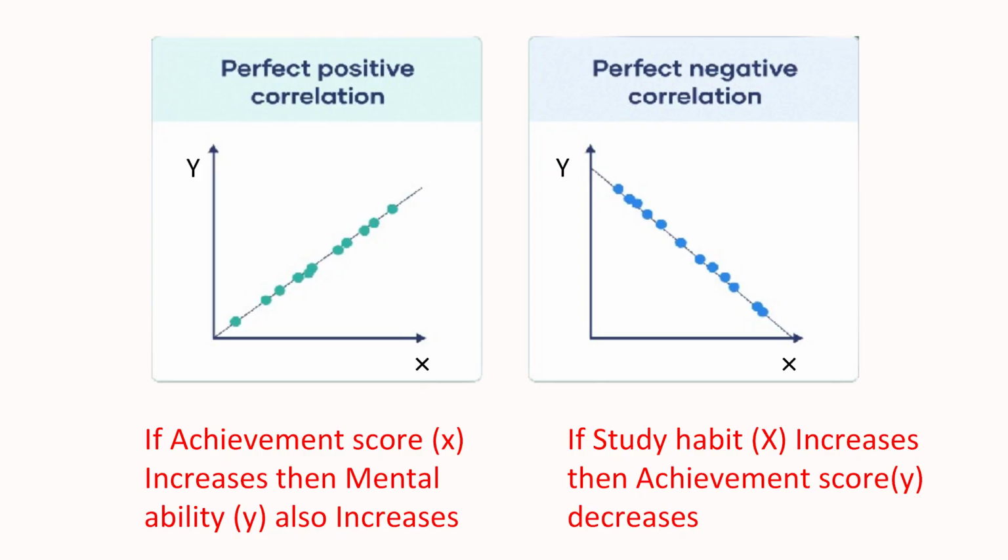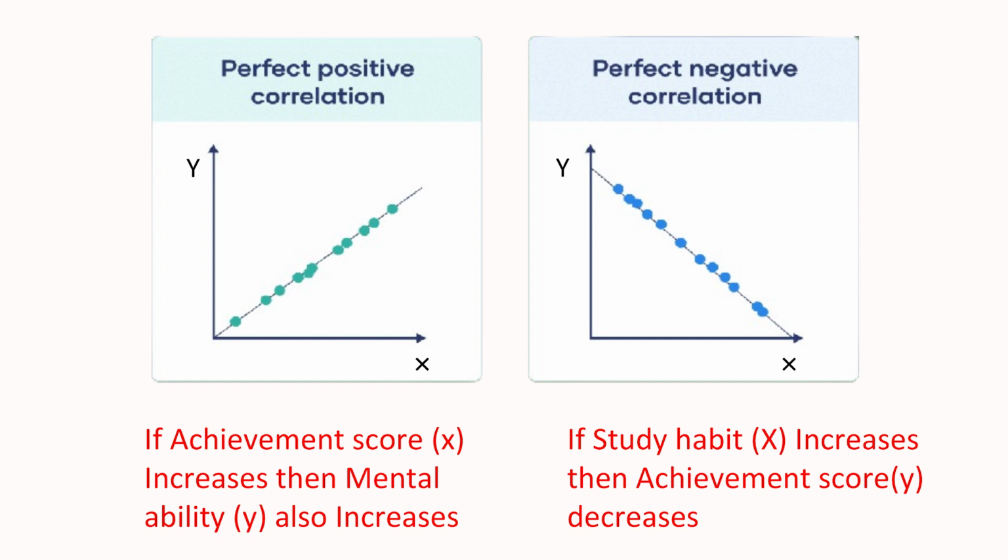But in case of negative correlation, when one variable increases, the other variable decreases. For example, when study habits decrease, and another variable like achievement, suppose achievement is increasing. Then here we say negative correlation.